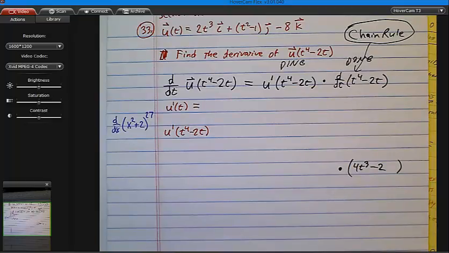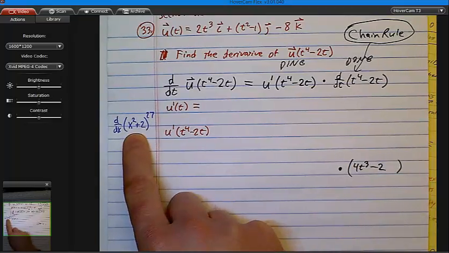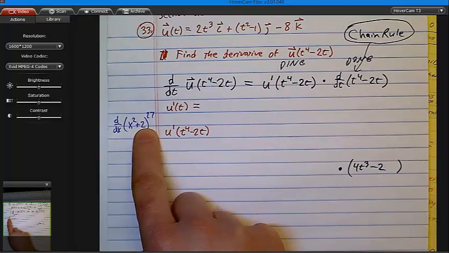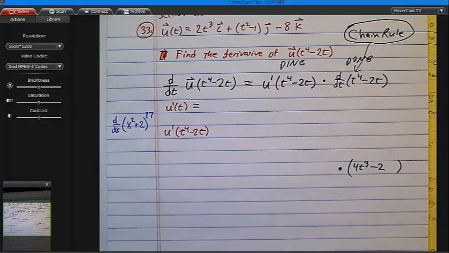Do I have to do it that way? No. I could take x squared plus 2 and multiply it by itself 27 times and just use the easy way. Don't do that. Right? So there's a reason. Yeah, this is a chain rule problem. Let's do it the chain rule way.